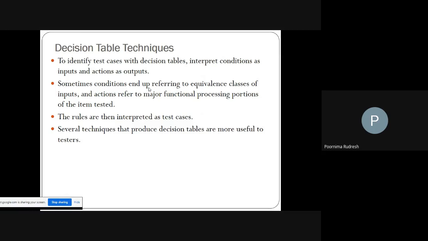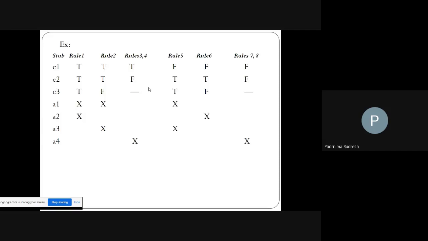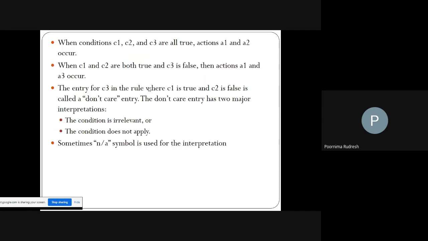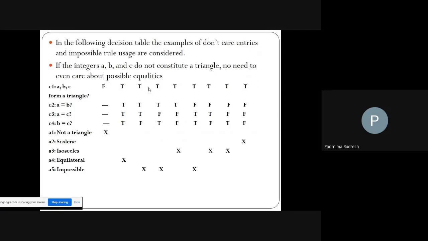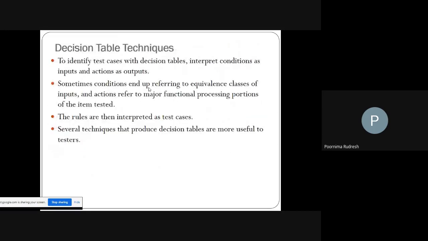Then the rules defined in the decision table, rule 1, rule 2, up to rule 8, are said to be the test cases.